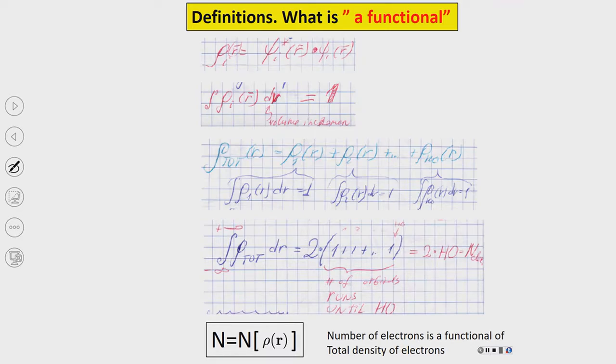That is a functional. If you denote the density distribution by the letter rho and the number of electrons as N, there is a very commonly used notation of using square brackets. So N[rho] is a functional.